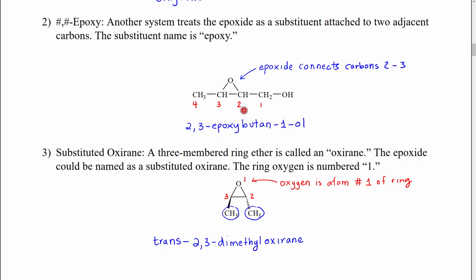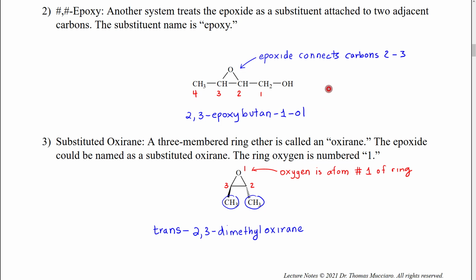But then we have, connecting carbons 2 and 3, this epoxide ring. So we would add in front of that as a substituent 2,3-epoxy, making the entire name 2,3-epoxy butane 1-ol. It's my belief that this is, in most cases, the simplest way to name an epoxide, particularly of a complex molecule.